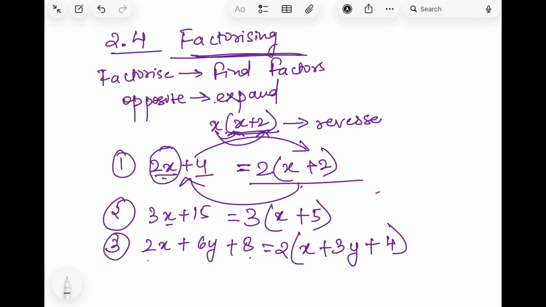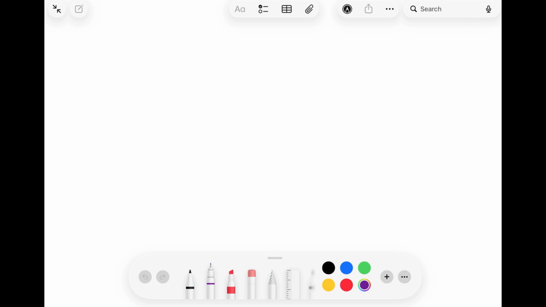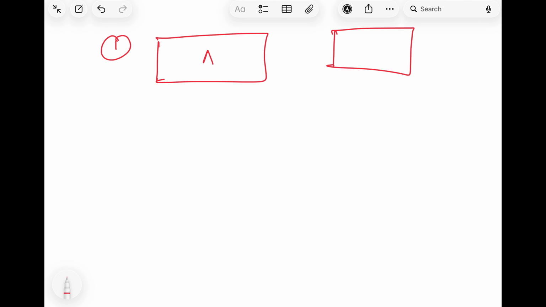Okay, so we will take up one more example for this question, which is a little different. If you see, there are 2 rectangles, rectangle A and rectangle B. The width of this rectangle is 2a and the width of this rectangle is 3d. Length of this rectangle is L1 and this is L2.